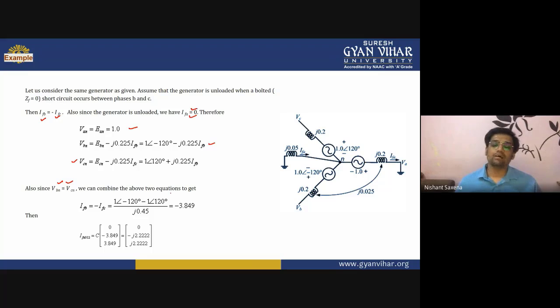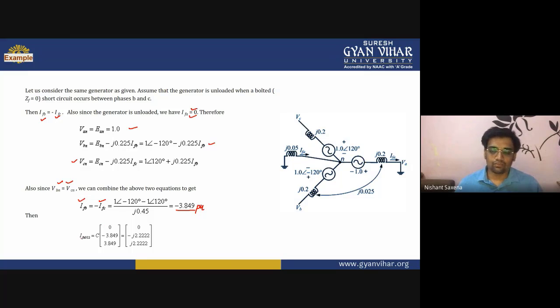So we can combine the above two equations and we will get that IFB is equal to minus IFC, which is equal to (1 angle 120 degrees minus 1 angle 120 degrees) upon j 0.45, which comes to be minus j 3.849 per unit. We are assuming all the values in per unit only.